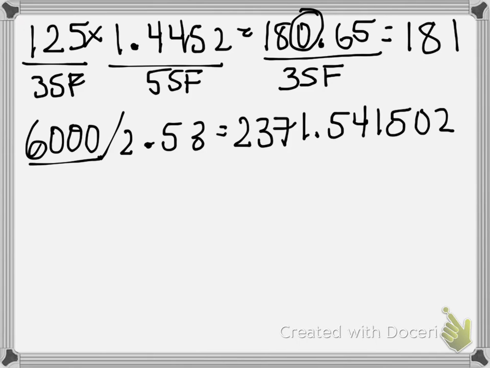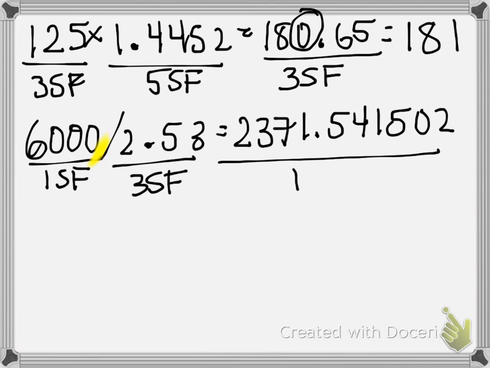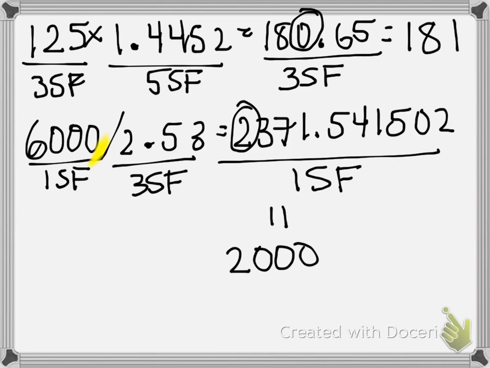This is one significant figure because, again, that's that understood decimal. There's not a decimal actually written. This one has 3 sig figs. So my answer can only have 1 sig fig. So when I write this with one significant figure, my answer is 2,000.